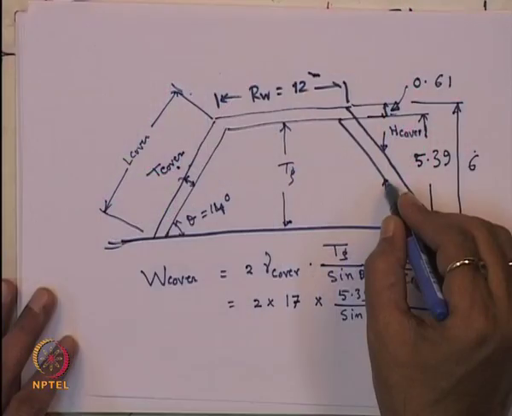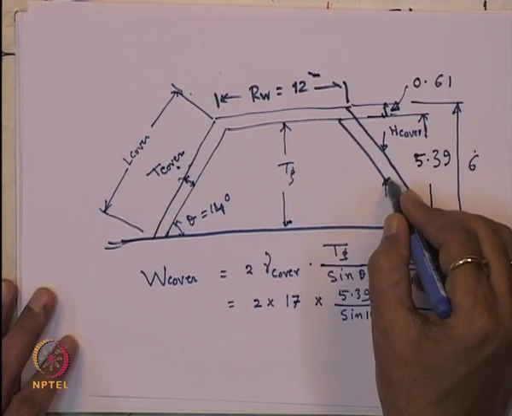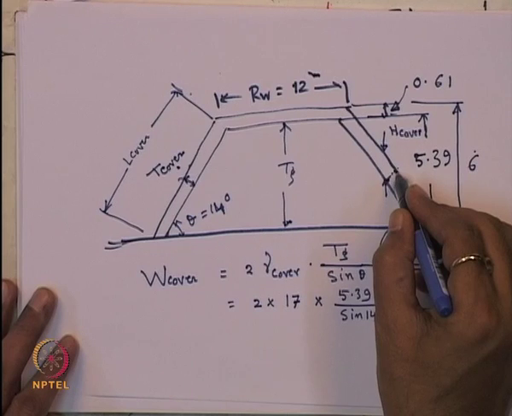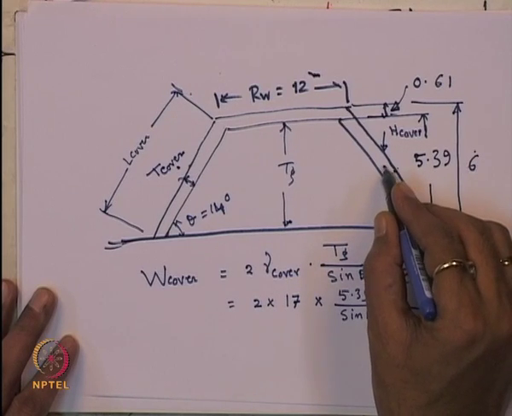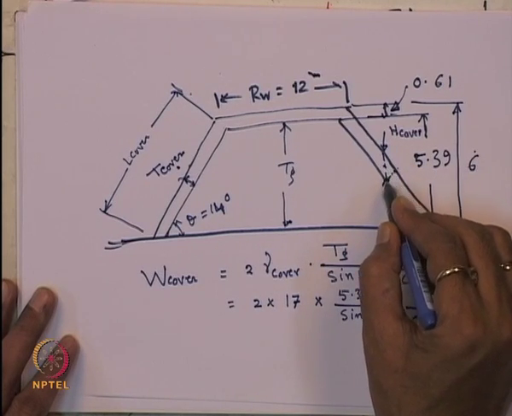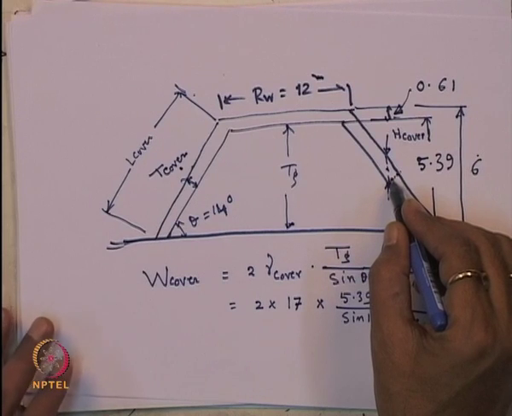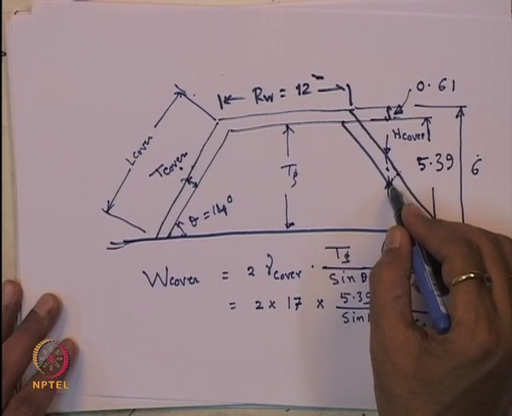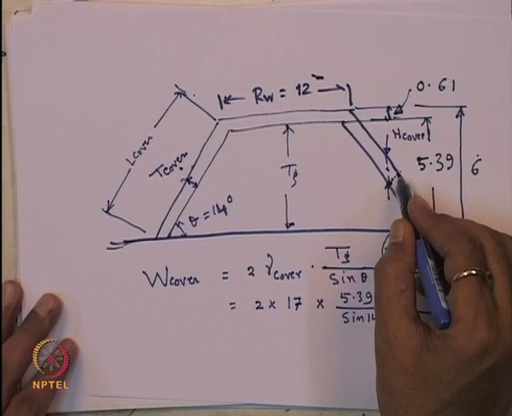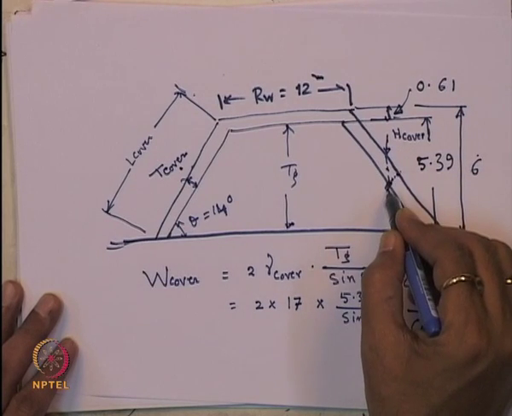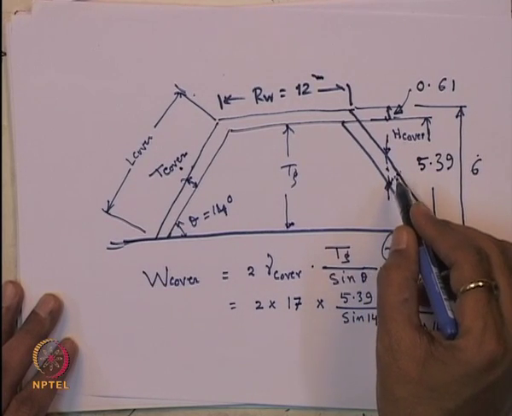To calculate the T of cover, you can see here you wanted to calculate what will be the T of C. T of C is here. This angle is equal to theta. So this T cover will be equal to H cover into cos of 14 degree.